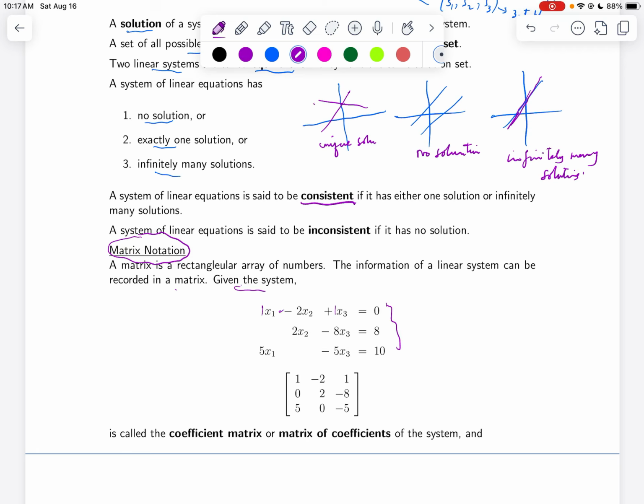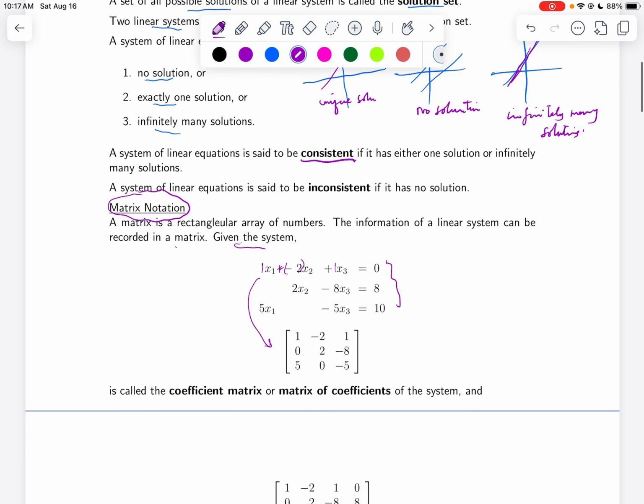Because I can always say plus, and then put the negative sign with the 2. So what we do now, we will write a matrix. If you see here, the first row is the coefficients of the variables. So 1 is the coefficient of x1, negative 2 is the coefficient of x2, and then again 1 is the coefficient of x3.